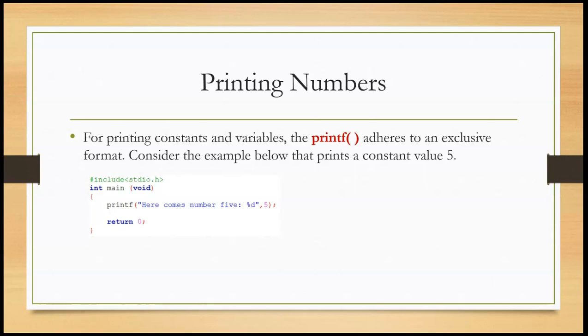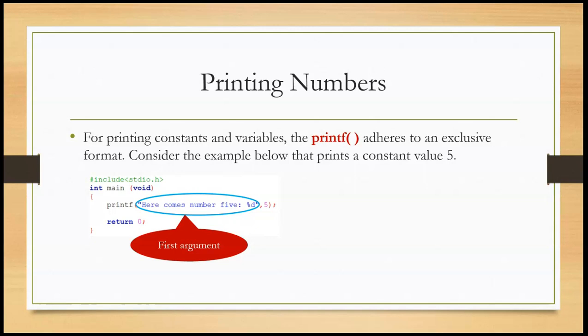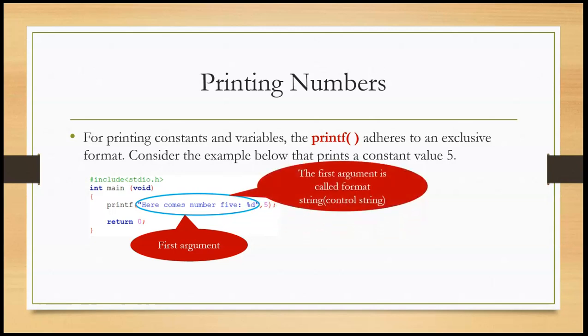As you can see, the first argument is the phrase here comes number 5 colon %d, and this entire phrase is surrounded by double quotes. This first argument is called the format string, and the other name for it is control string. So you can also use the term control string to refer to a format string.